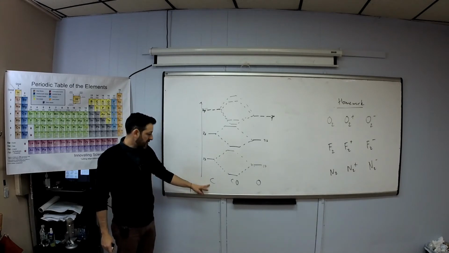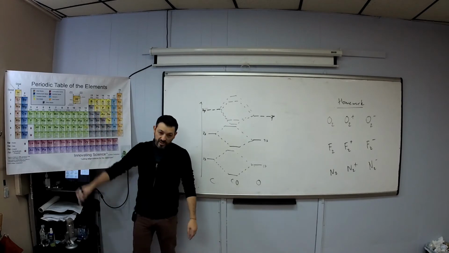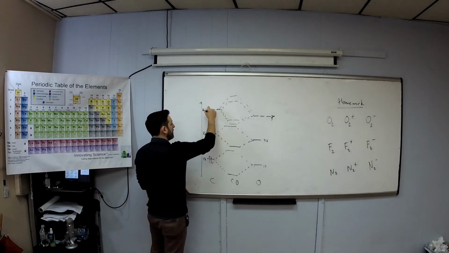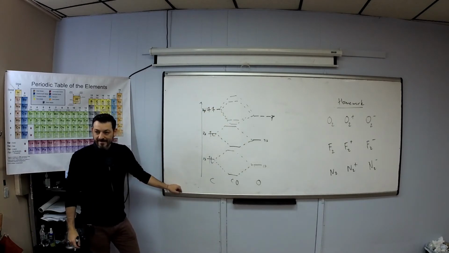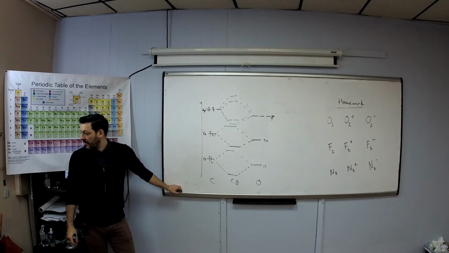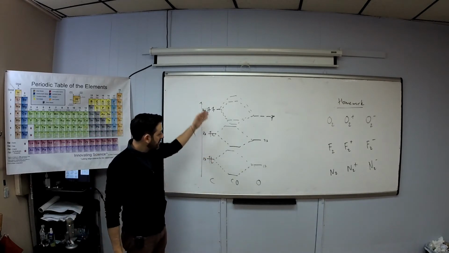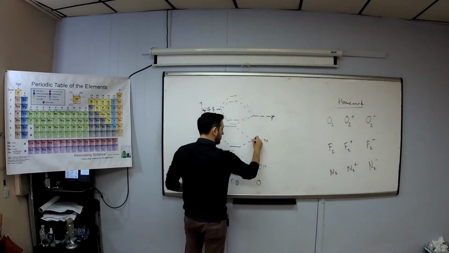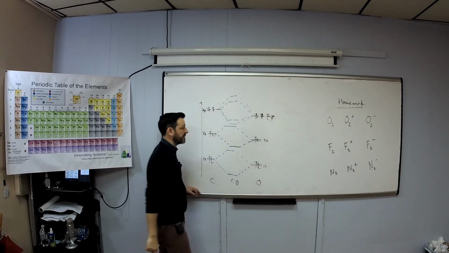Carbon has how many electrons? It's got 6 protons, 6 electrons. 1, 2, 3, 4, 5, 6. So that's 6. Oxygen has 8 electrons. 1, 2, 3, 4, 5, 6, 7, 8.